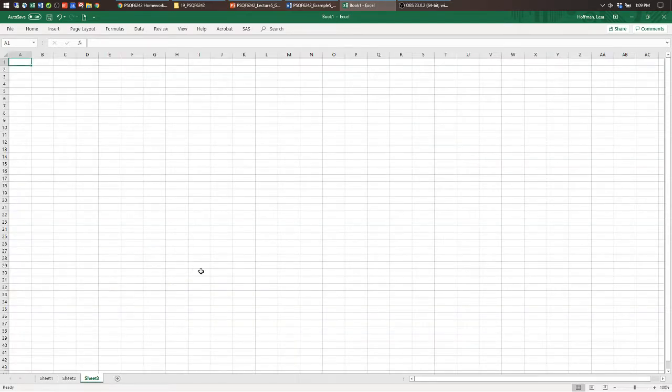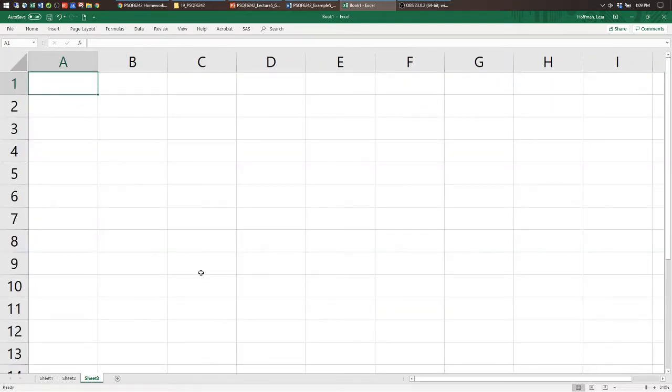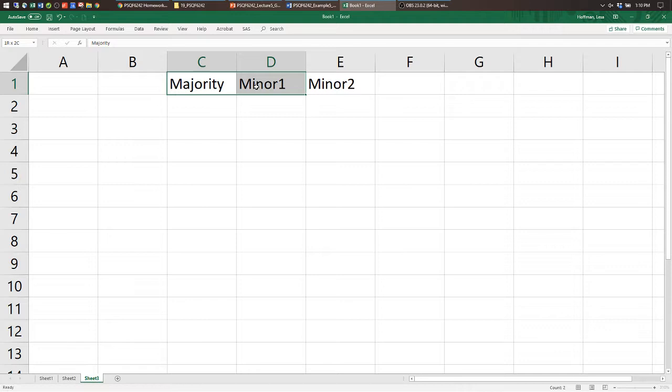So let me do another one here. This one has actually come up a couple times when I've given people advice. Let's say that you are looking at group differences, and you have one type of majority group and two types of minority groups. I could do the same thing where I make one group that's the difference between majority and minority 1, and another one that's majority versus minority 2, and then I could get minority versus minority.